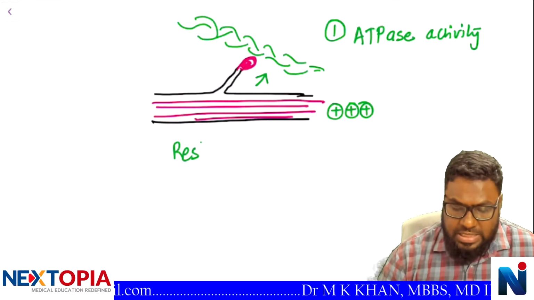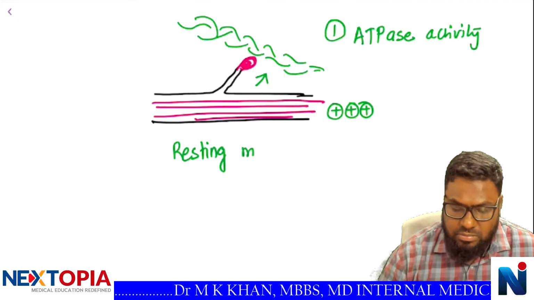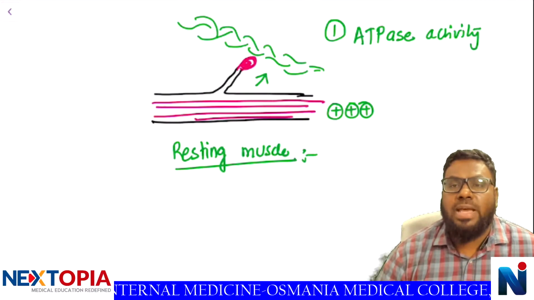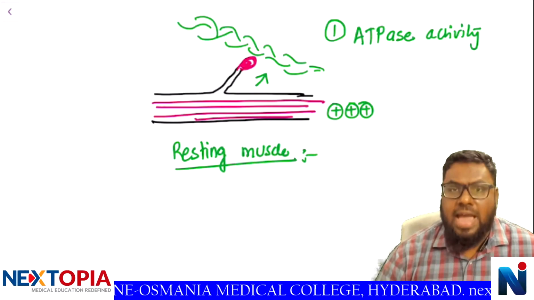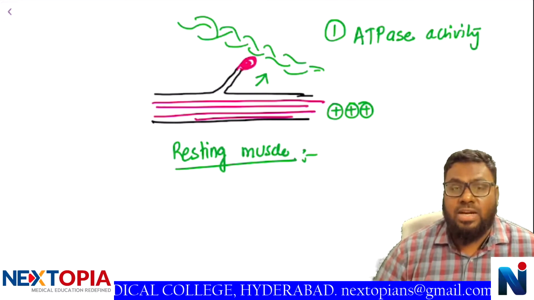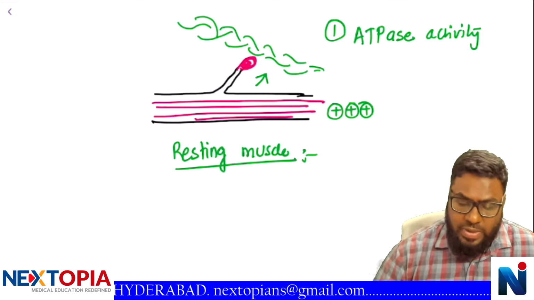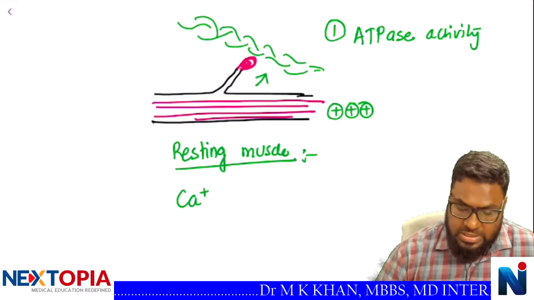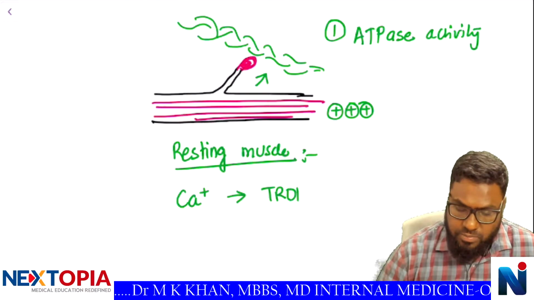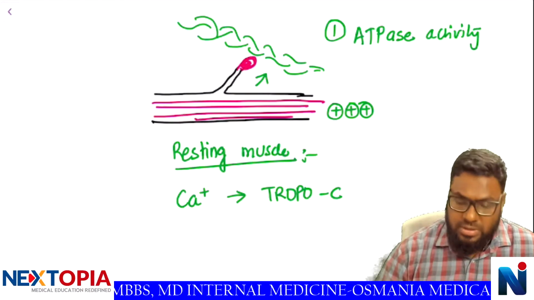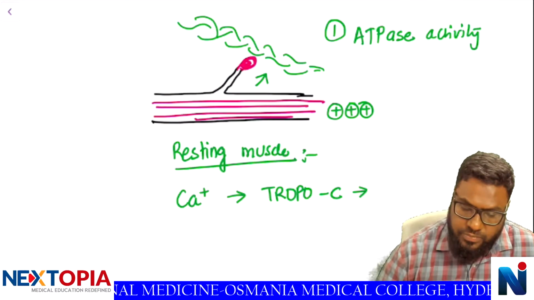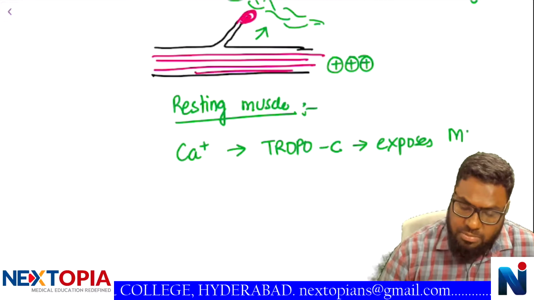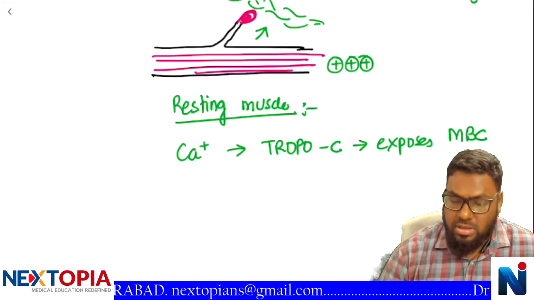In case of resting muscle, we all know that the tropomyosin covers the actin's myosin binding site, I told you. So once the calcium enters, the calcium attaches to the troponin C. This exposes the myosin binding site of the actin.